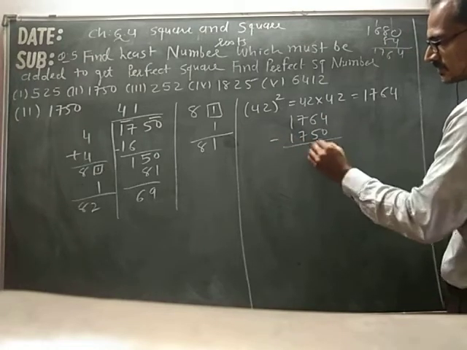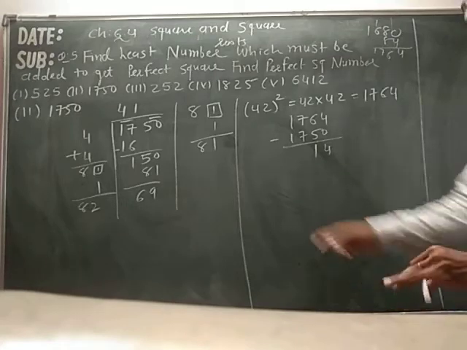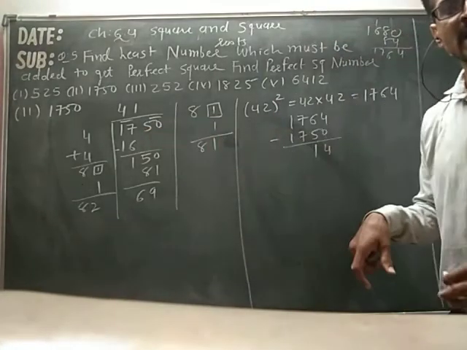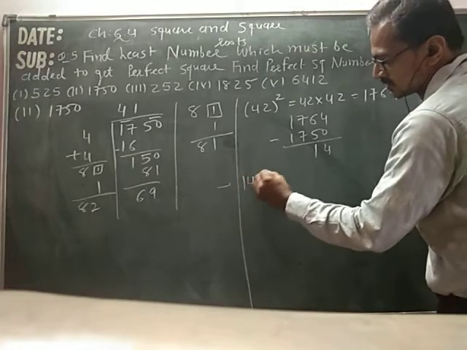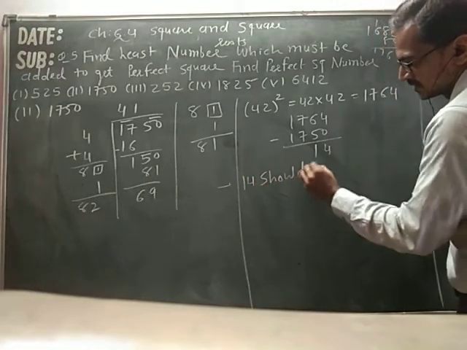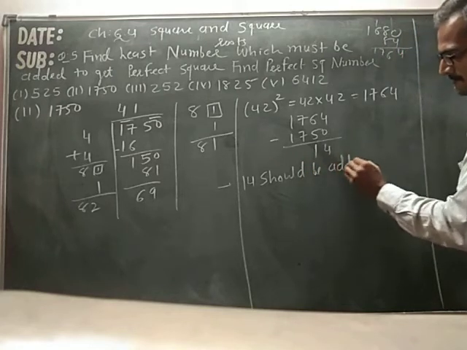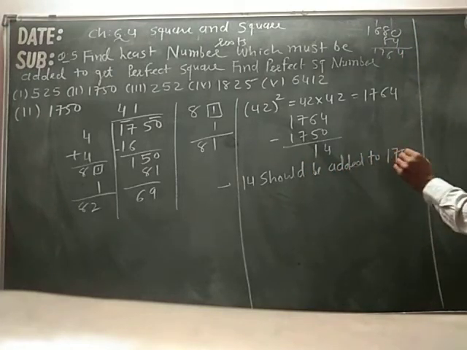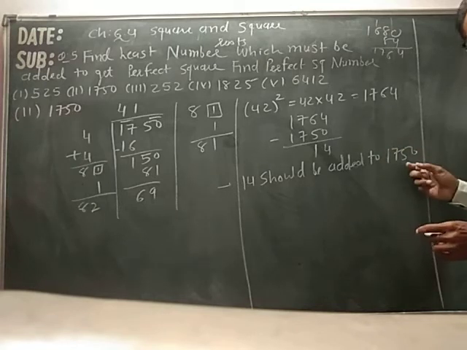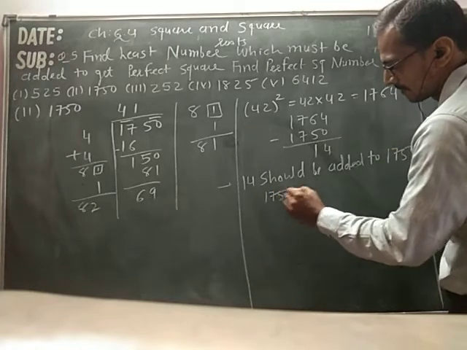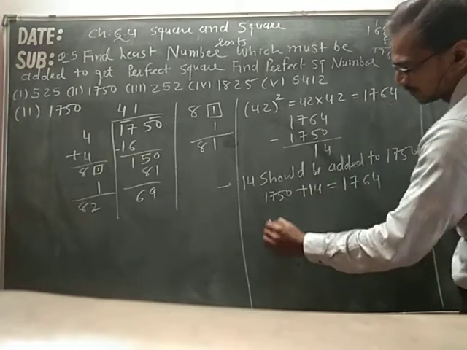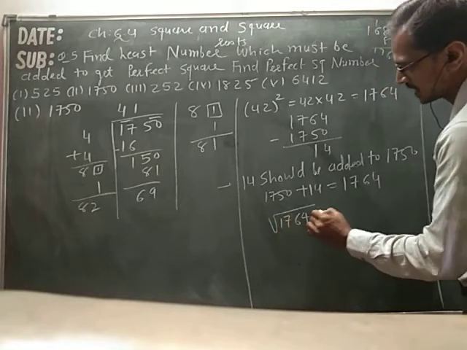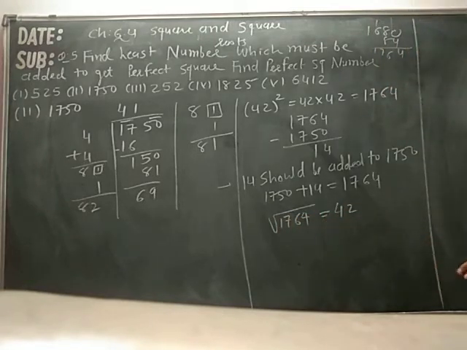We'll get 14. So which number should be added to 1750 to make a perfect square? 14. So 14 should be added to 1750. If I add 14 to 1750, I will get 1764. That means a perfect square. And the square root of 1764 is 42. Okay? Go through it.